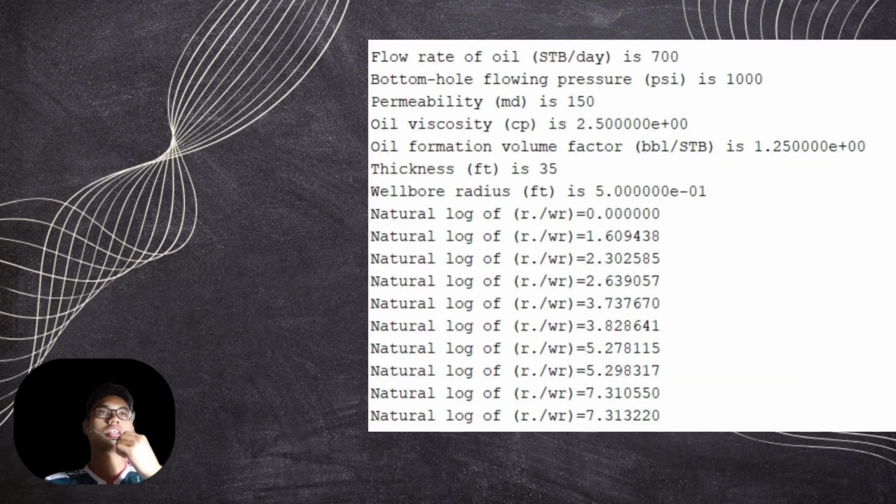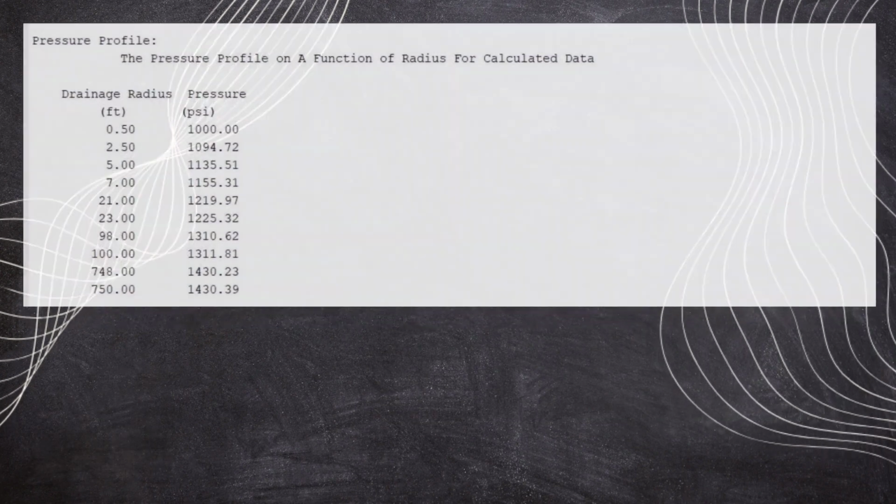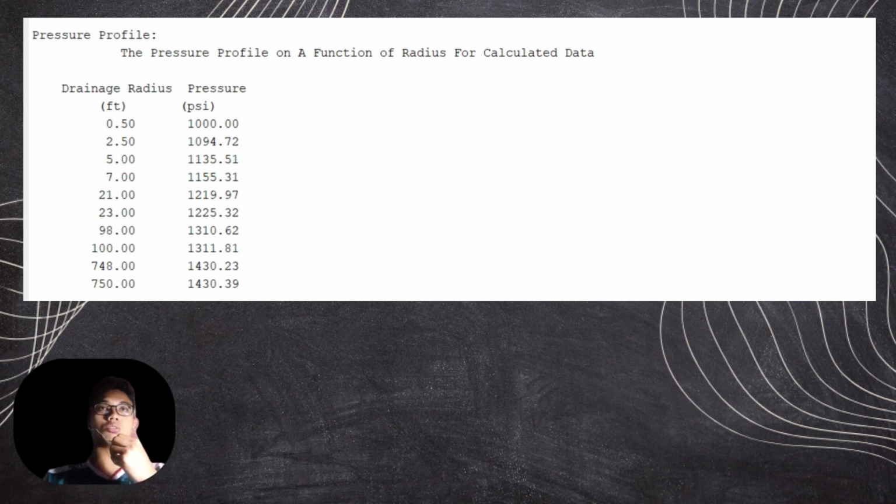Then we also insert the given values: flow rate 700 STB per day, bottom hole pressure 1000 psi, permeability 150 millidarcy, oil viscosity 2.5 cp, oil formation volume factor 1.25 barrel per STB, thickness 35 feet, and lastly wellbore radius 0.5 feet. The data is needed to generate the natural log. The data will be used in generating the pressure profile table and also be plotted.